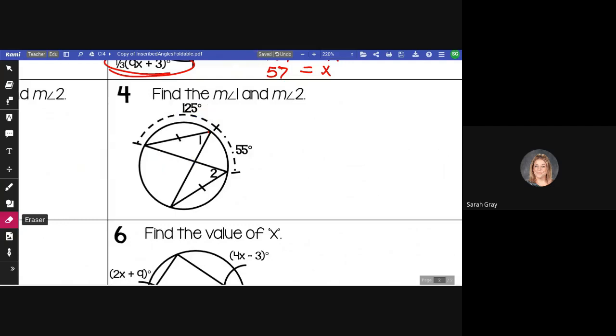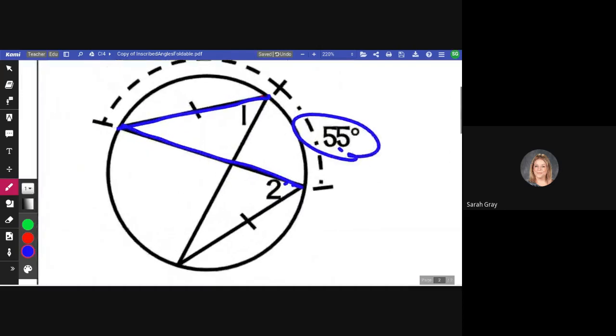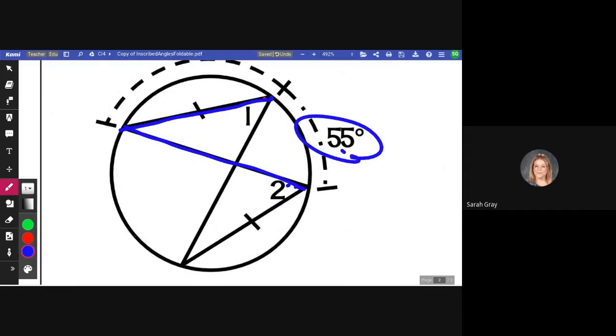Does it have a central or an inscribed angle? Sure does. This angle right here opens up to that arc. So what's the measure of that angle? Not 25.2. 25.5. Right?